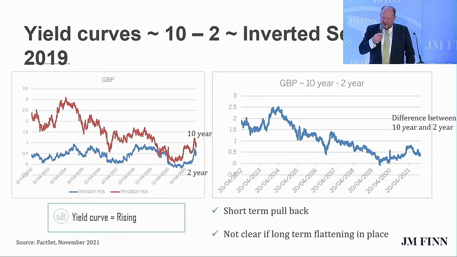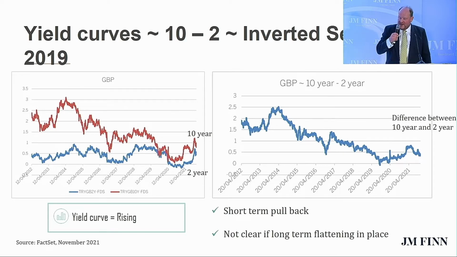The yield curve, which I mentioned already, can be illustrated by the difference between the 10-year yield and the 2-year yield. That's what you've got on the left. You've got the red line, which is 10-year interest rates, and the blue line, which is the 2-year interest rate. And on the right, you can see the difference between the two of them.